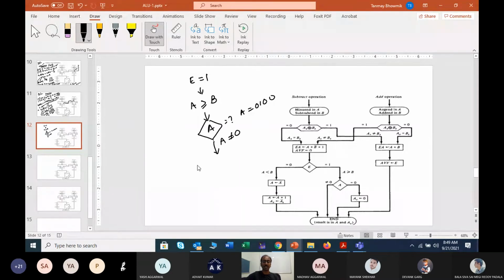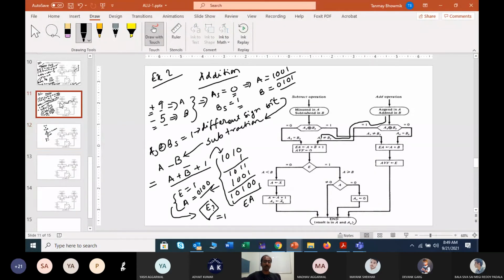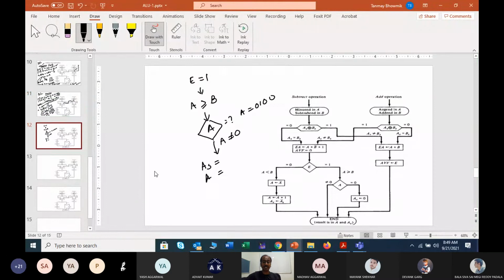So where will you get your result? Your resultant sign bit will be stored in AS again. Your resultant magnitude bits will be stored in A again. So what was your last sign bit? You can check from the example. You started with this 0. Later, you never changed your AS value. AS value is still 0. So that means your resultant AS is simply 0 and your resultant A is the last one.